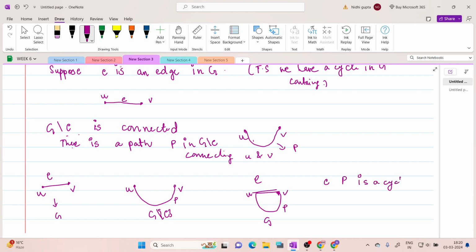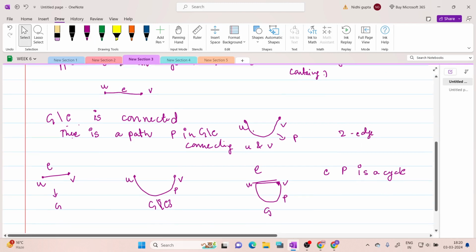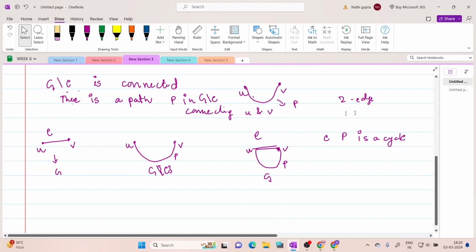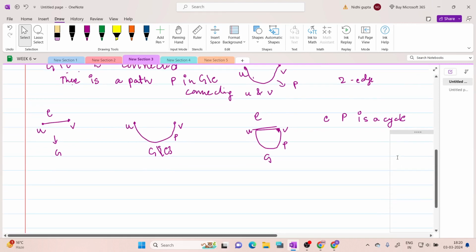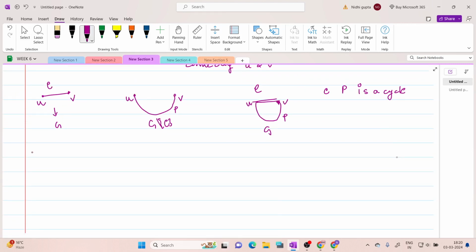So one condition is true: if G is 2 edge connected, then any edge is contained in a cycle. Is the first condition clear to everyone? Yes. Now what about the converse?